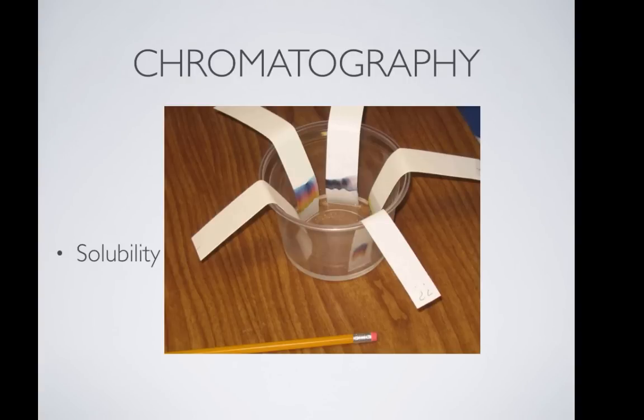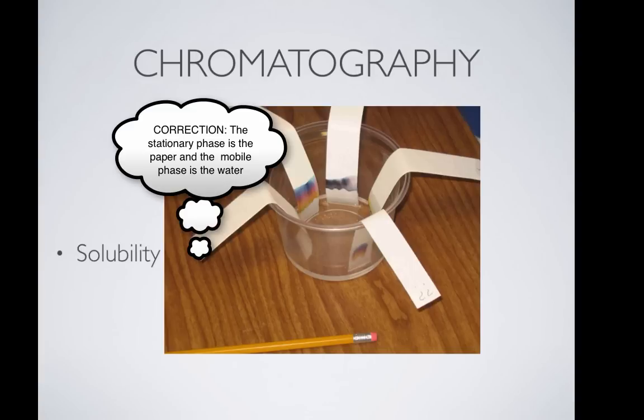Finally, it's chromatography, one that you have probably used before, possibly, if you've made a tie-dye shirt. It basically depends on separation by differences in how substances interact between a mobile and a stationary phase.